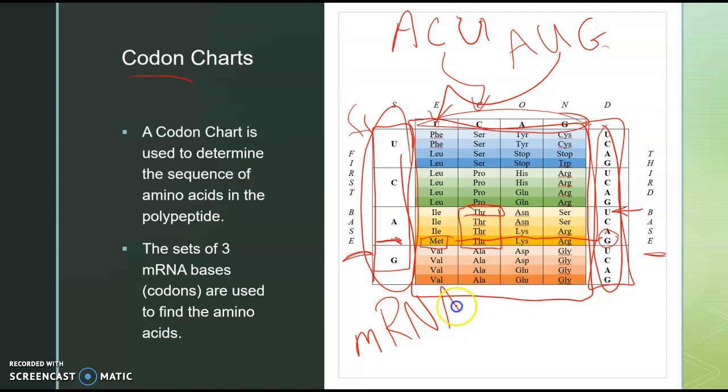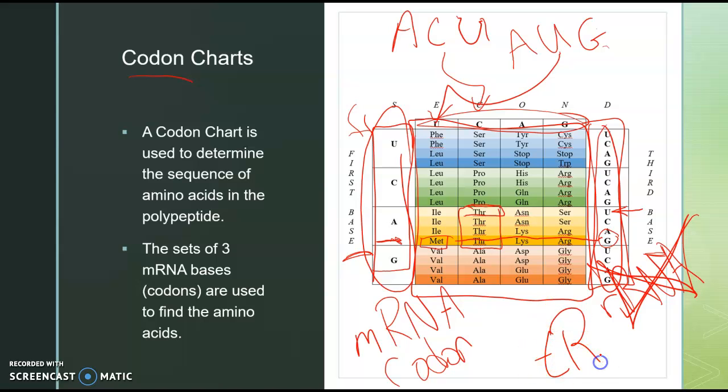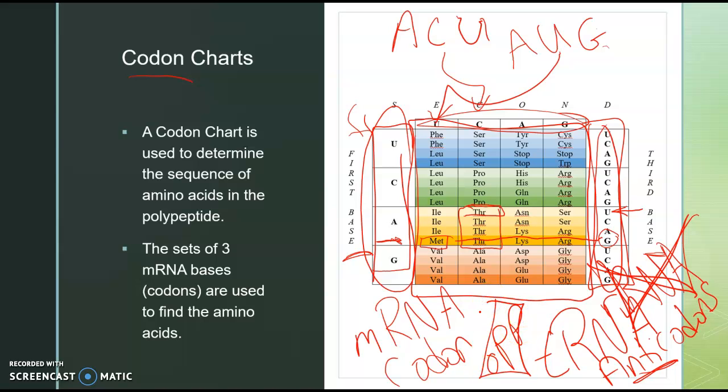That is where your codon is. rRNA does not have codons and will not be used. tRNA have the anticodons, and therefore their anticodon is going to be the opposite of the codon.